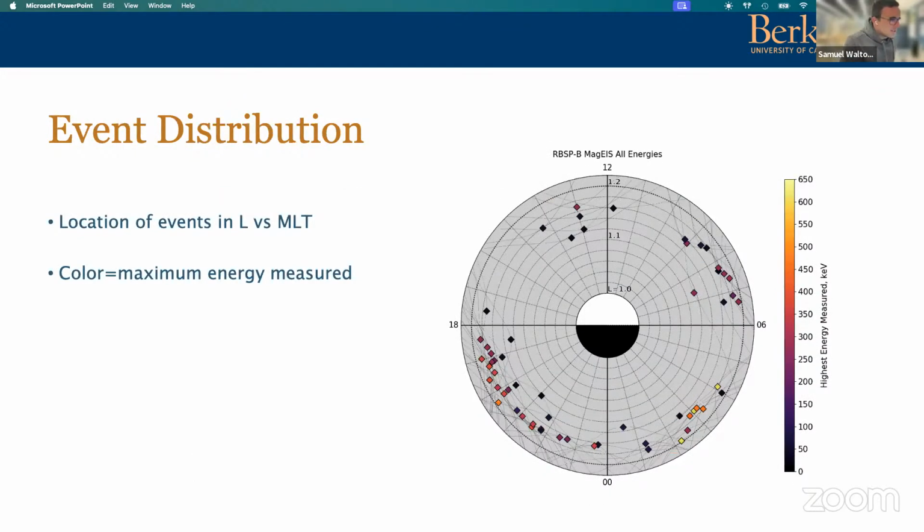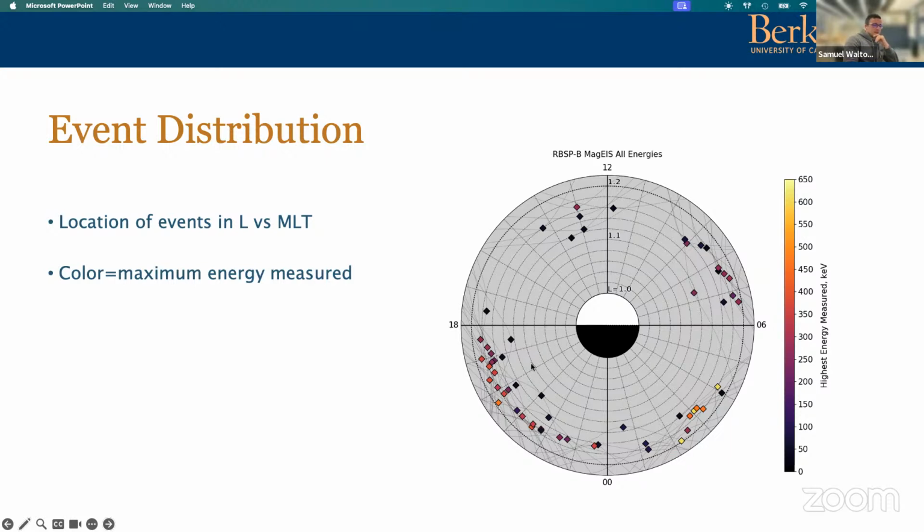So we plotted these passes, or perigees, where we saw events as a function of L shell and MLT, where MLT of 12 hours is on top, the sun being on top. You can see there's a clear distribution. It's not just random: between 18 and 24 MLT is where the majority of our events were.